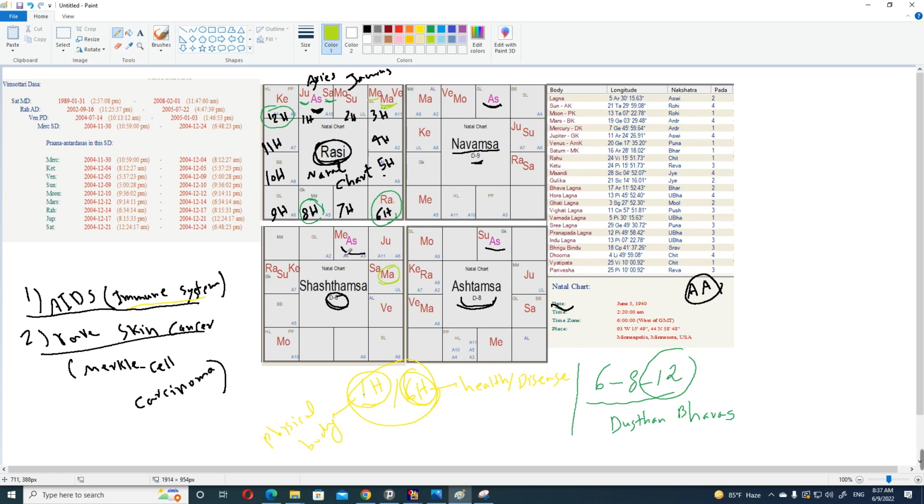The ascendant in D6 is Taurus. Mercury is positioned here, and its lord Venus is in Leo in the fourth house under the aspect of Rahu and Ketu and Sun. They are in mutual sign to Venus.